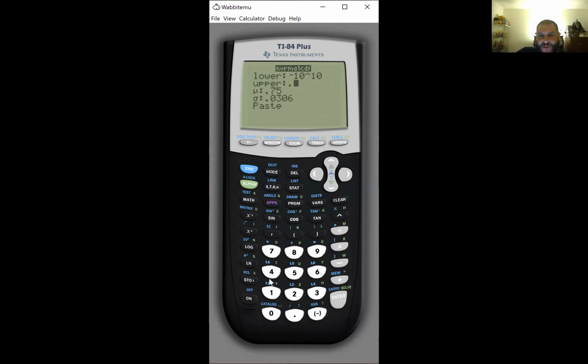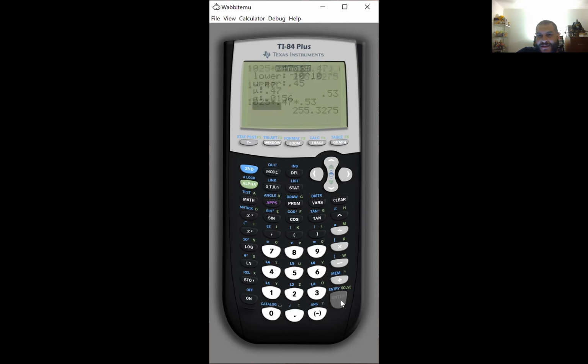Then you go 0.45, then 0.47, and after that you enter sigma, which is 0.0156. So my lower bound is negative infinity, my upper bound is 0.45, my mu is 0.47, sigma 0.0156.